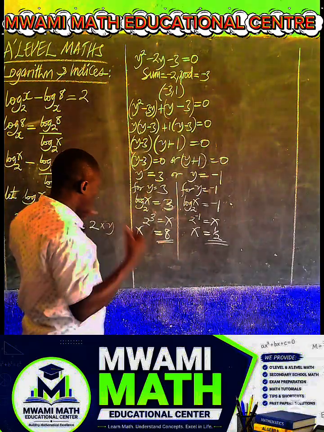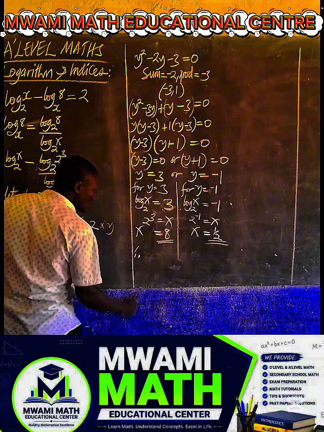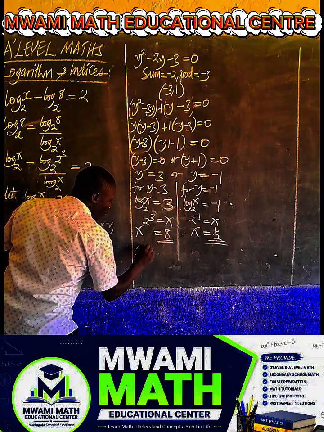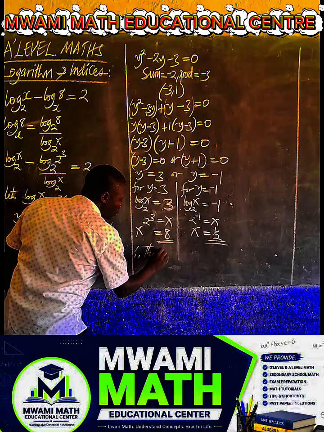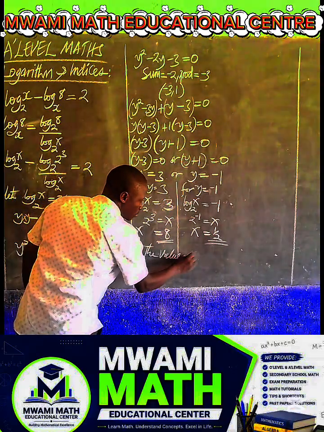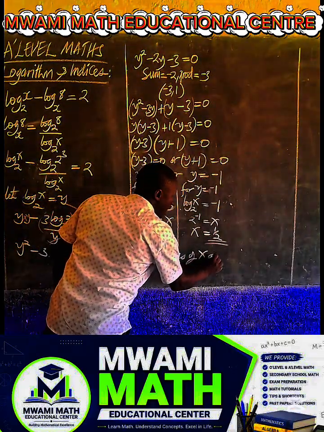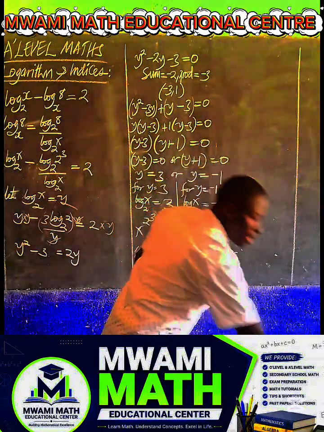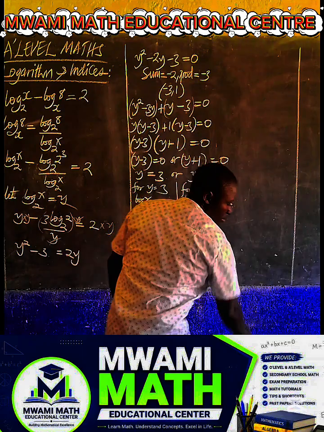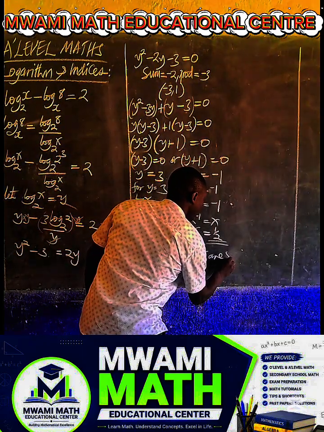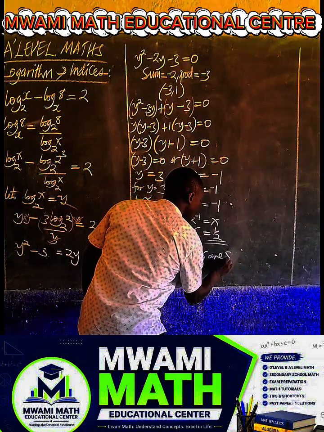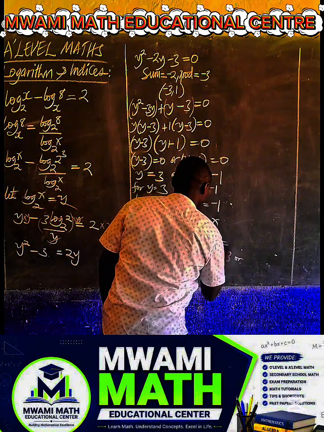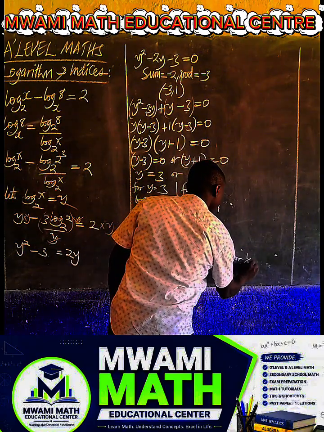So we say, therefore, the values of x are either 8 or a half.